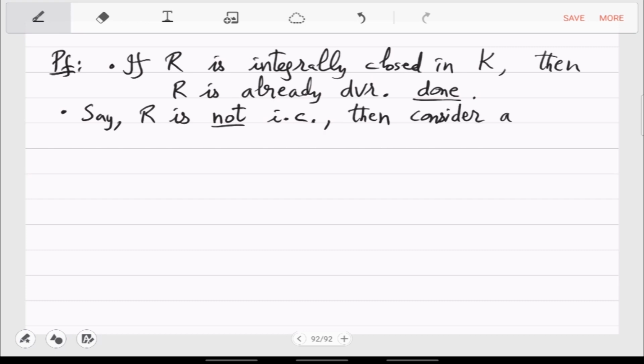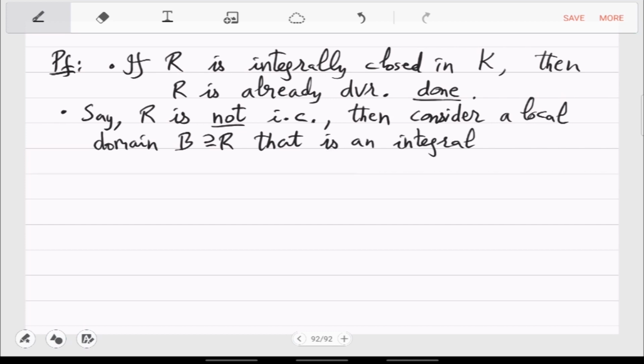Then consider a local domain B containing R such that B is an integral closure of R. So I don't need to say this containment.